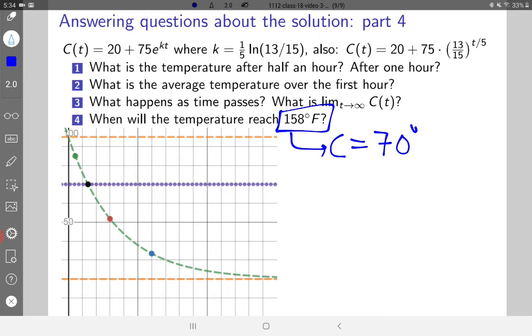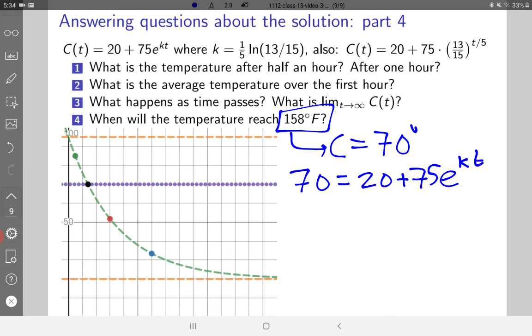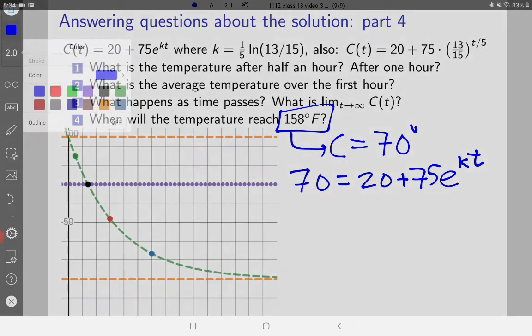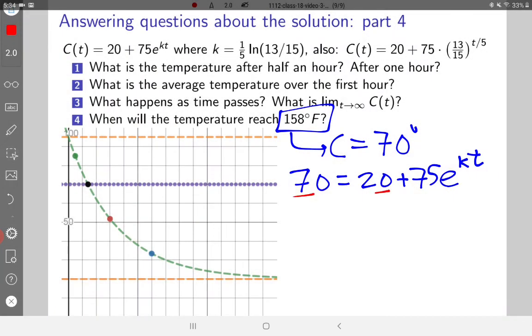Now that means I'm going to set C of t equal to 70 and try to solve for t to figure out the time when this would happen. So let's see, I'm going to subtract 20 from both sides, so that's where I'm going to get this 50 from.